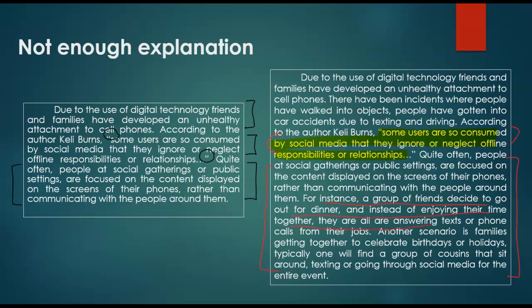What we want to do is just make sure that if we have some sort of piece of evidence, it could be a quote, it could be an example, that we really explain it and we do the 4 parts in the paragraph, which is write the topic sentence, include the evidence, include an explanation of what the evidence means, and then include an explanation of how that piece of evidence supports the topic sentence and the thesis.